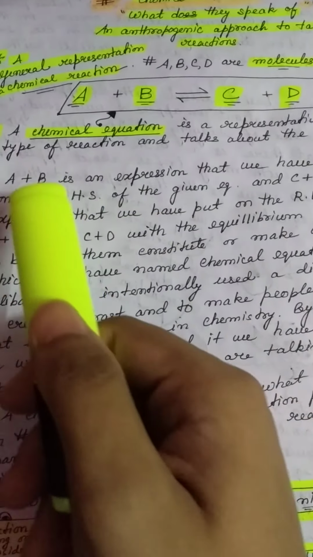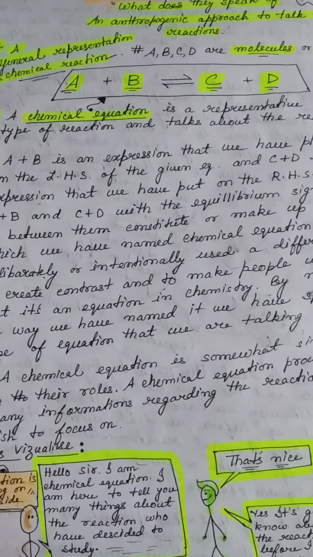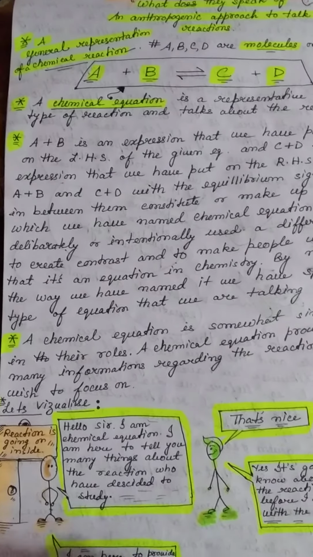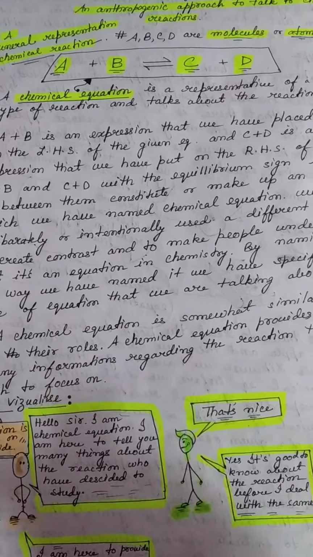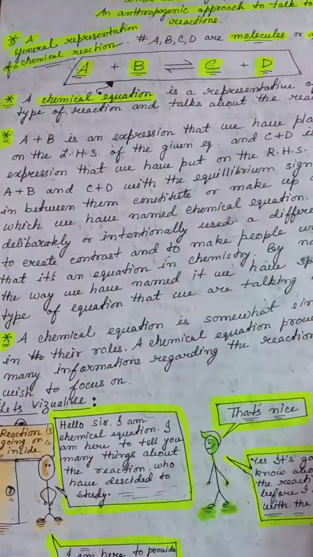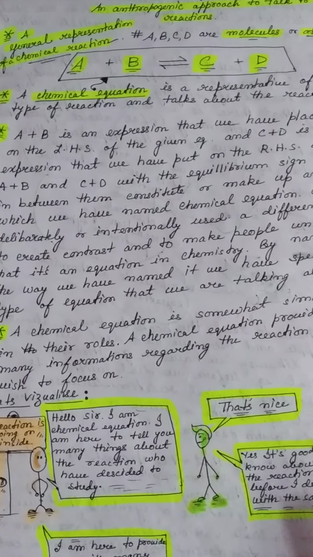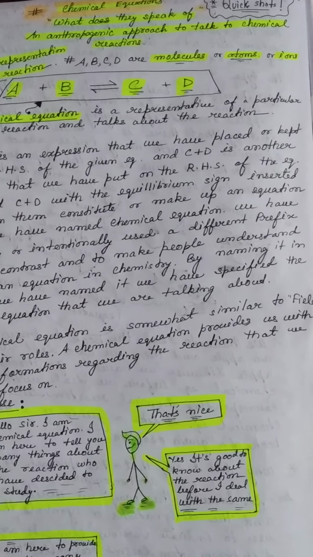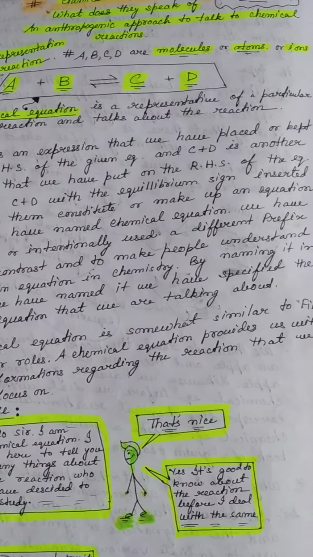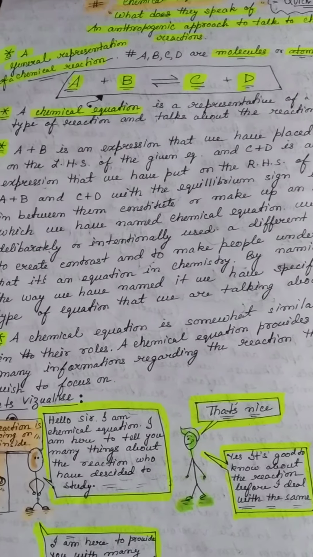Okay, so a chemical equation is representative of a particular type of reaction, and it talks about the reaction. As per the above representation, A plus B is an expression that we have placed on the LHS or left hand side of the given equation, and C plus D is another expression that we have put on the right hand side of the equation.